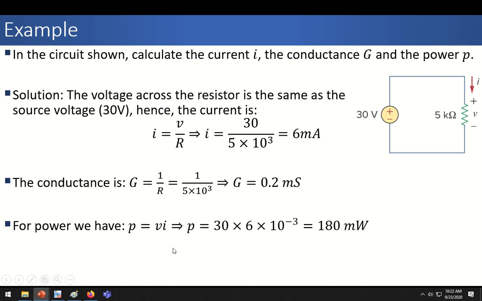So the power being consumed by this resistance is 180 milliwatt, or we can say that the power delivered by this voltage source is minus 180 milliwatt, or if we ignore the sign, it is still 180 milliwatt. So this 180 milliwatt is the power provided by this source, and it is also the amount of power consumed by this resistance.